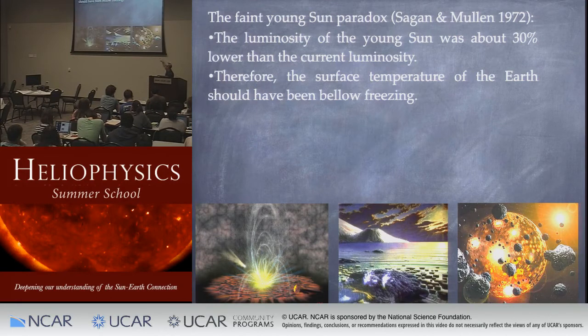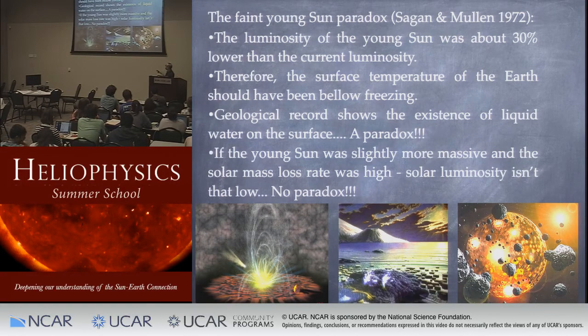So this is what I state here. Another alternative mechanism is that if the sun was about 10% more massive at the young stage, and it lost mass at a very high rate that ended in the current mass, then the luminosity would not be as low as we thought.